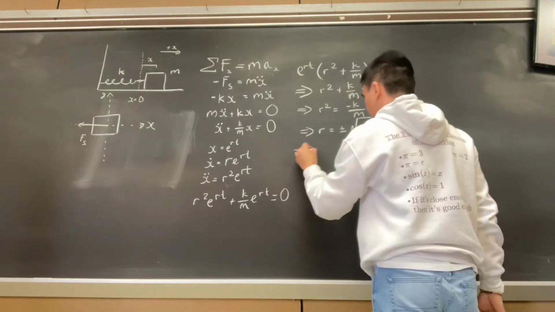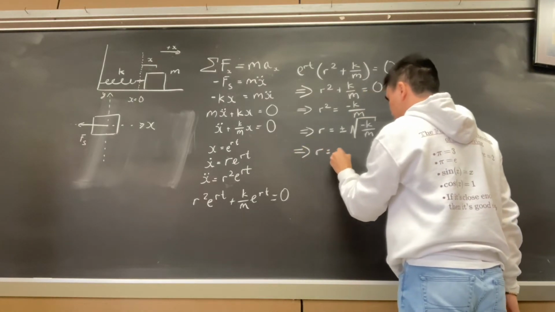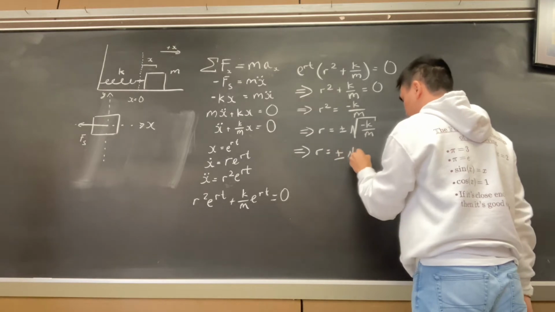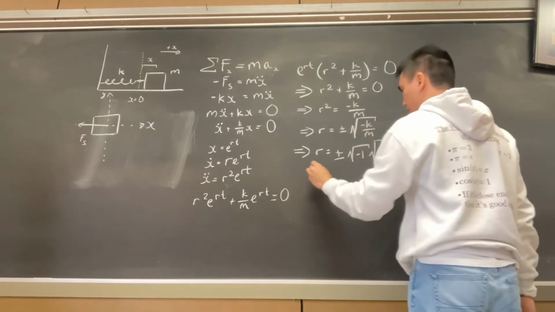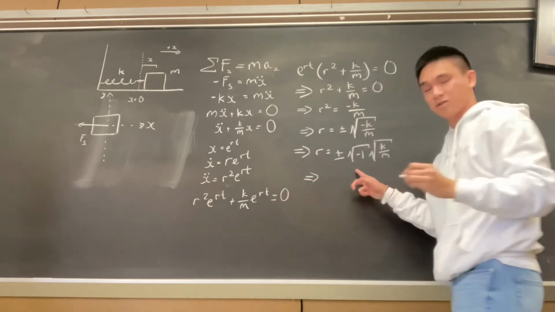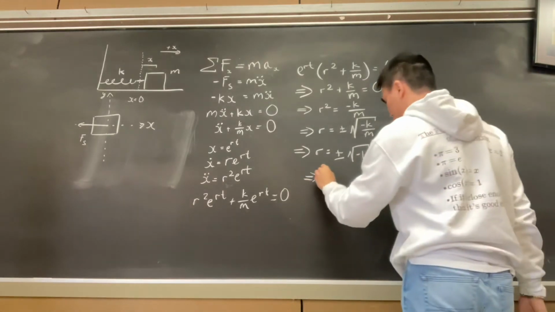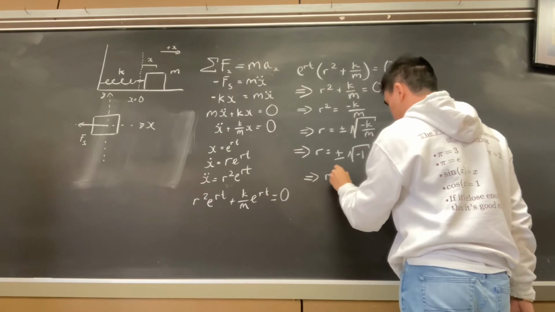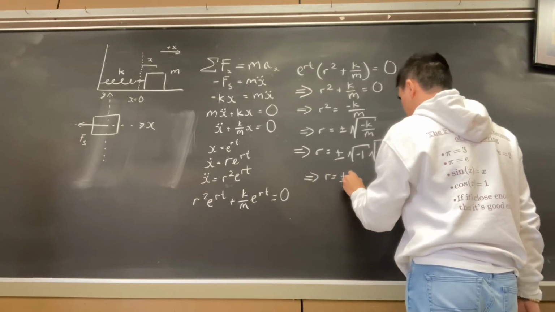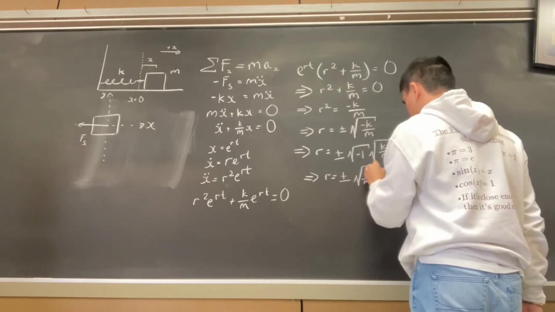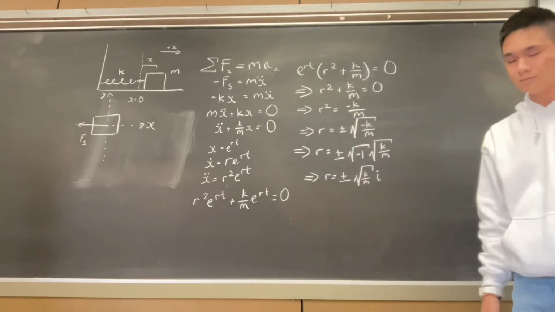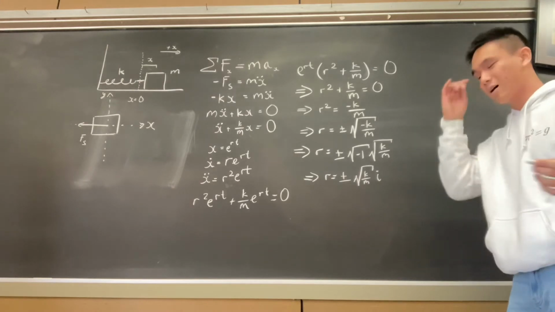So we have r is equal to plus or minus square root of negative 1 times square root of k over m. The square root of negative 1 is defined to be i, your imaginary unit. So we have plus or minus square root of k over m times i.